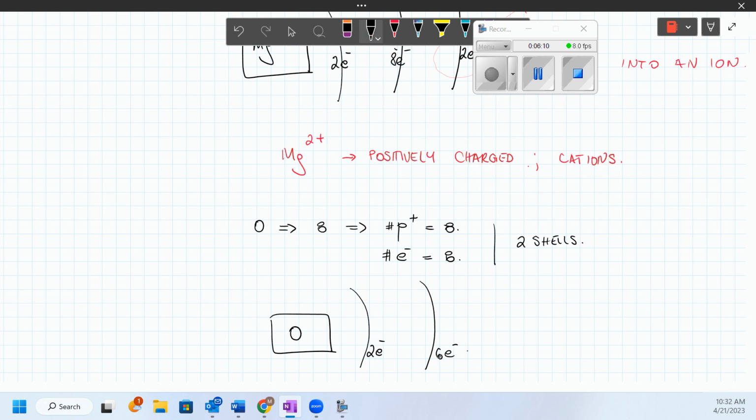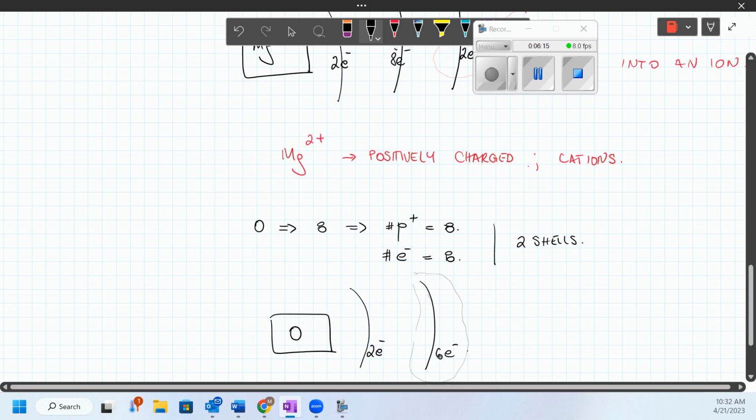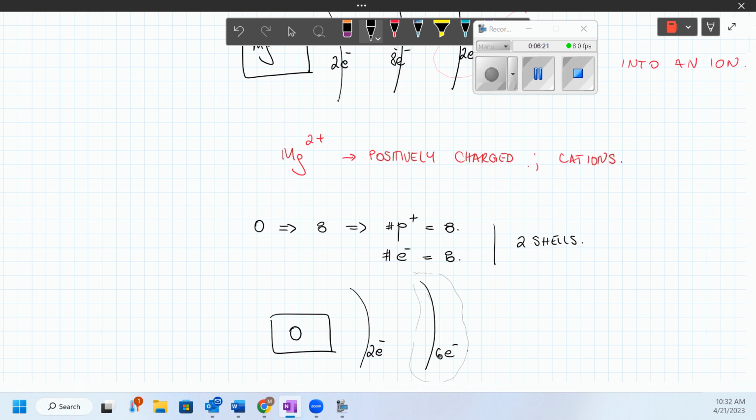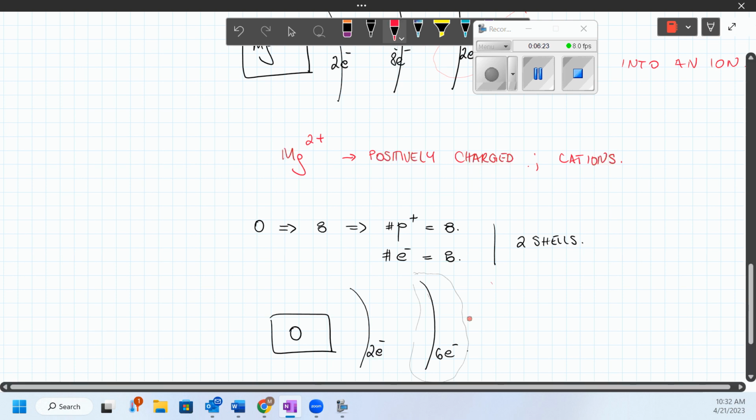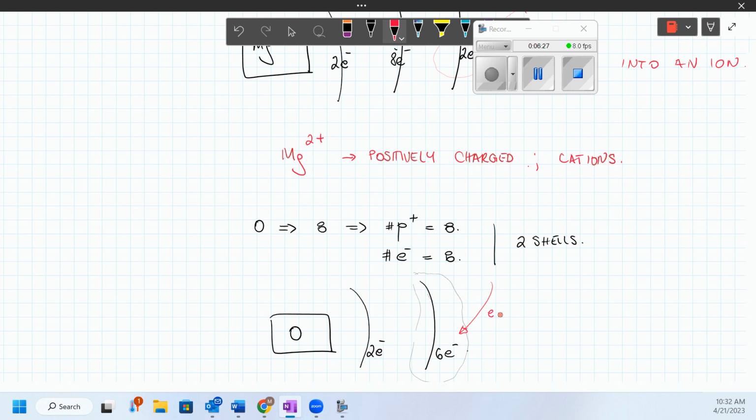So this outer shell of oxygen is not completed with 8, known as the octet rule. Oxygen would like to have those 2 electrons that magnesium has in order to complete its outer shell with 8 electrons.